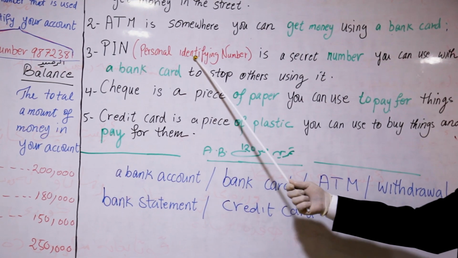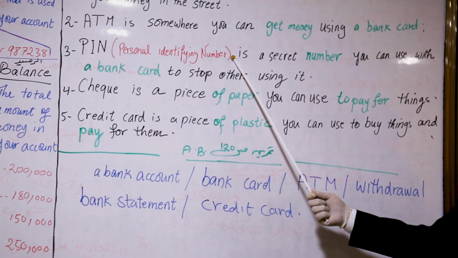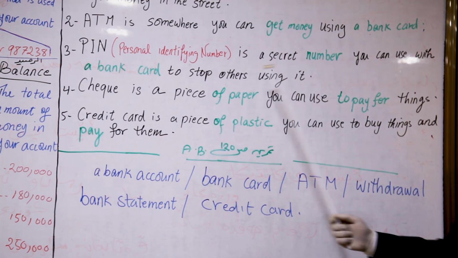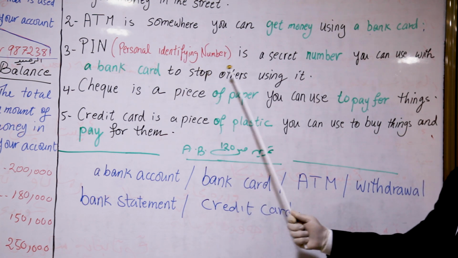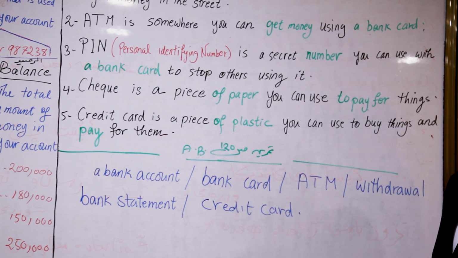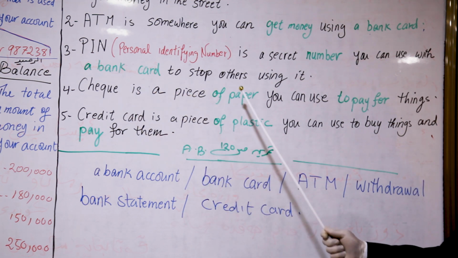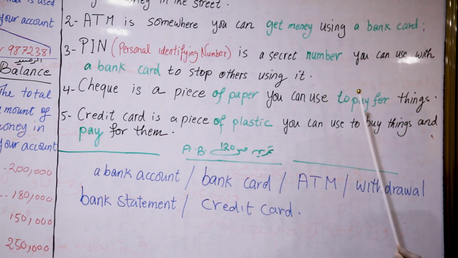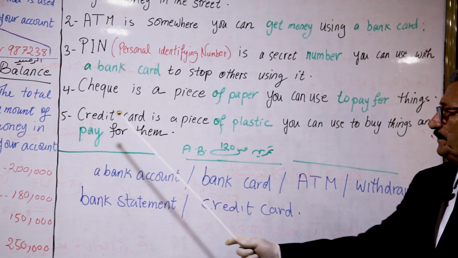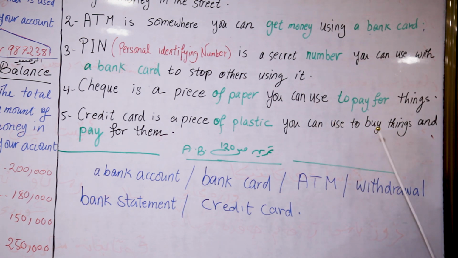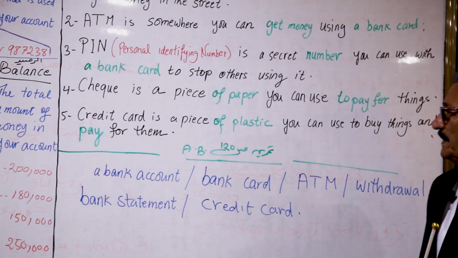PIN, Personal Identifying Number, is a secret number you can use with a bank card to stop others using it. Check is a piece of paper you can use to pay for things. Credit card is a piece of plastic you can use to buy things and pay for them.